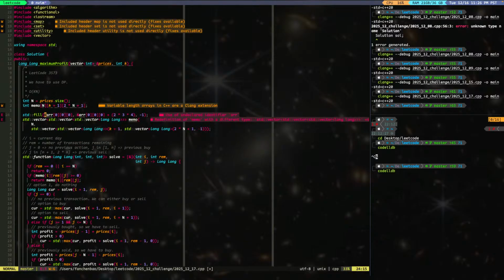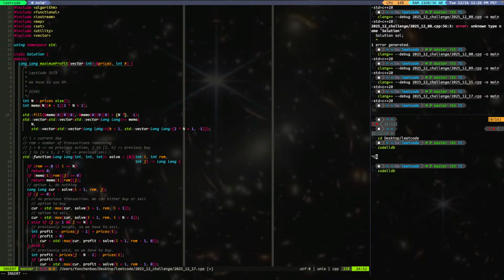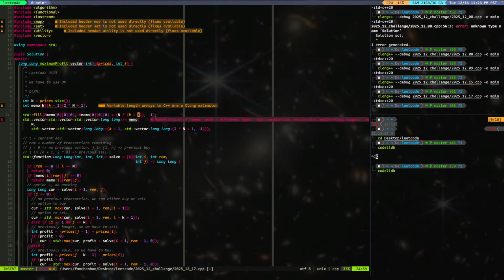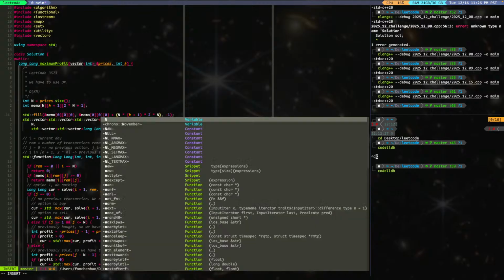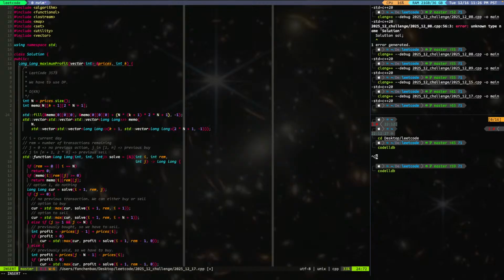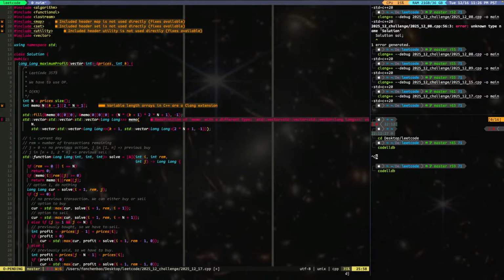This is actually quite interesting. Memory start, memory end. So this is going to be n times k plus 1 times 2 times n plus 1, -1.